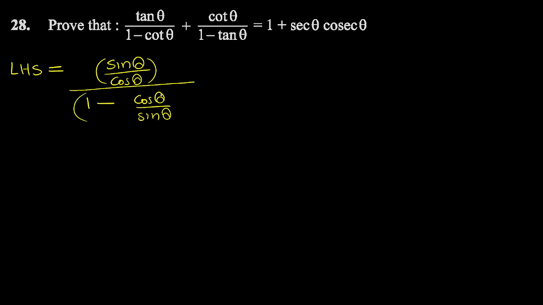Remember, tan theta is sin by cos, so cot theta will be cos by sin, because cot is the reciprocal of tan. Plus, and this one is cot theta. Cot theta is cos theta by sin theta. Okay.